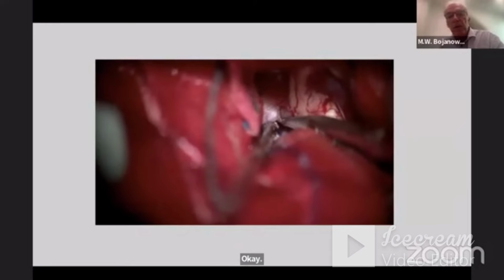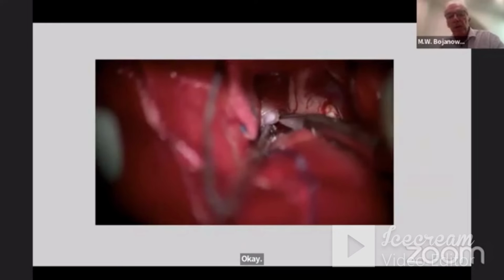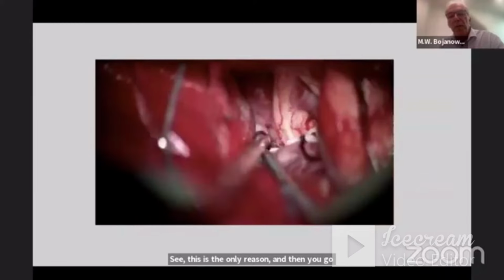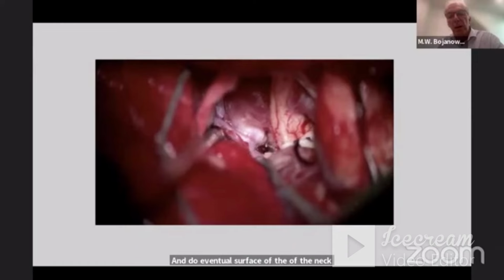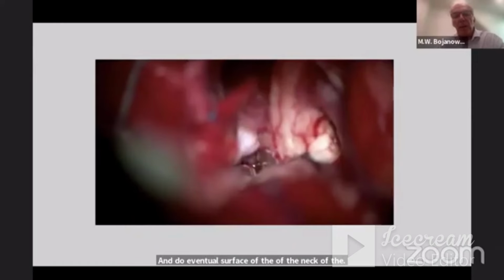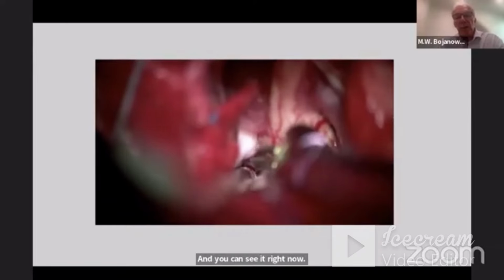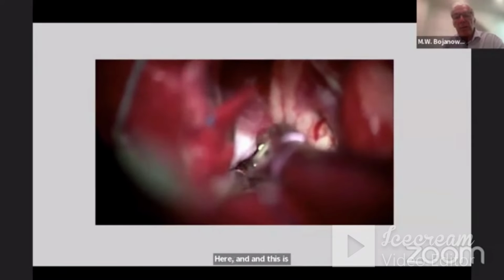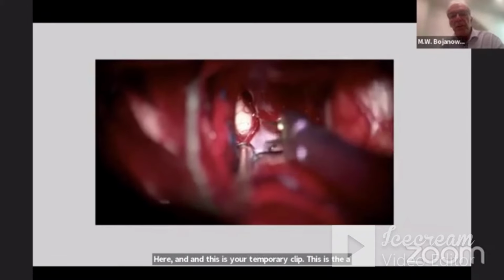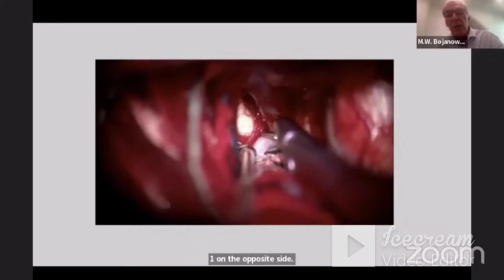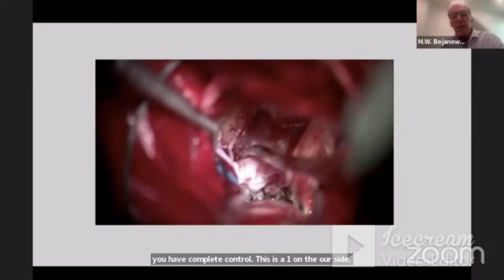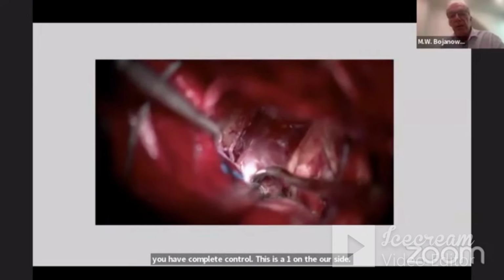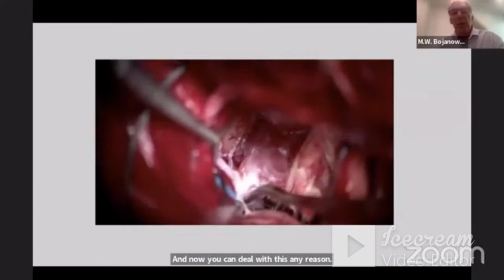See, this is the aneurysm, and then you go close to the neck on the ventral surface of the neck of the aneurysm, and you can see it right now here. And this is your temporary clip. This is the A1 on the opposite side. Now you have complete control of this. This is A1 on our side, and now you can deal with this aneurysm because you have complete proximal control.